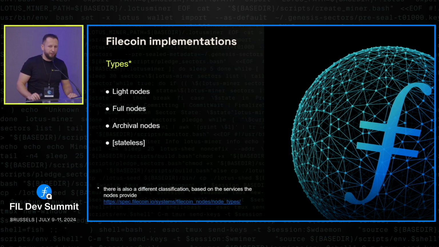They require significantly better hardware, but you can still likely use them at their bare minimum capabilities on commodity hardware. And then you have archival nodes, which store all the Filecoin data, which is quite a lot.